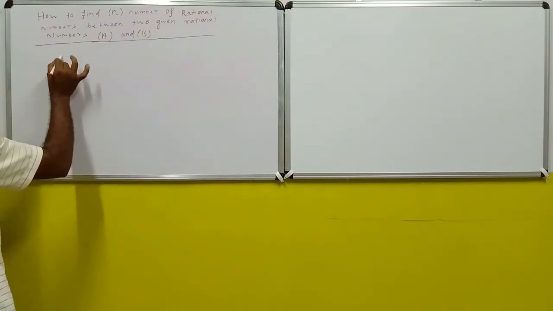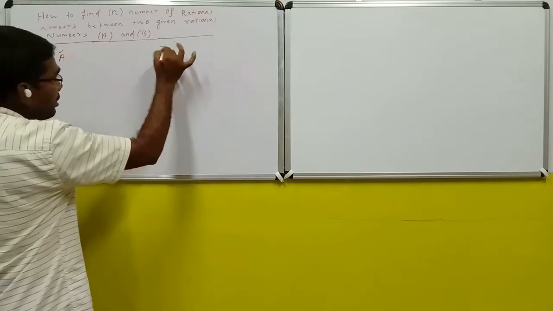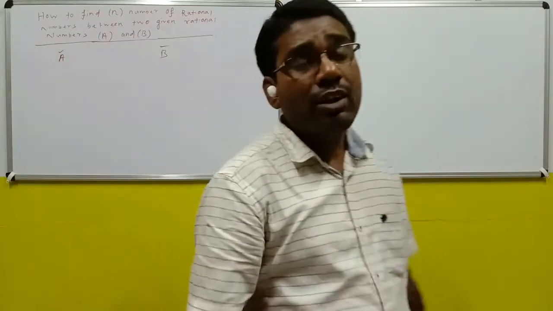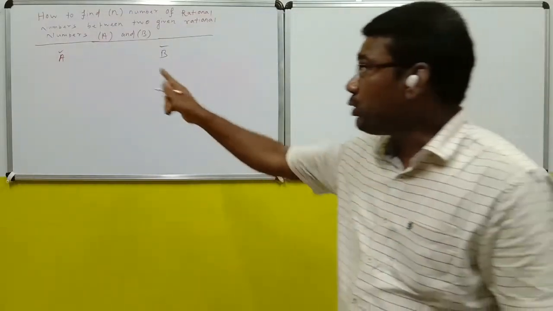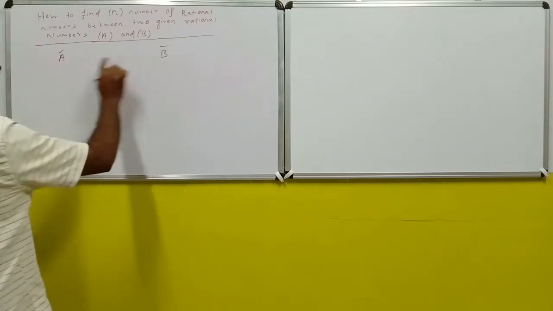Suppose your given rational numbers are a and b. These two are your given rational numbers, and you want to find n number of rational numbers between these two given rational numbers.